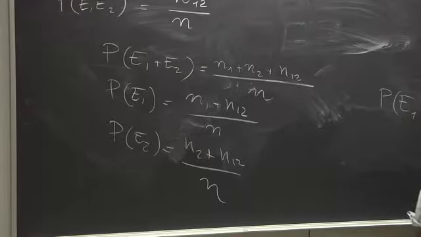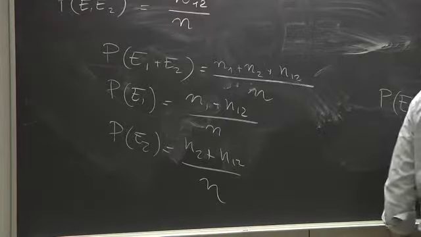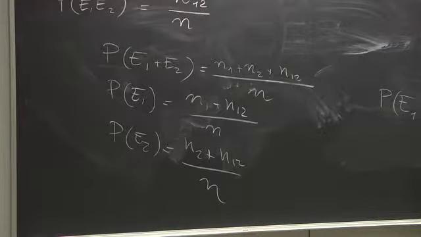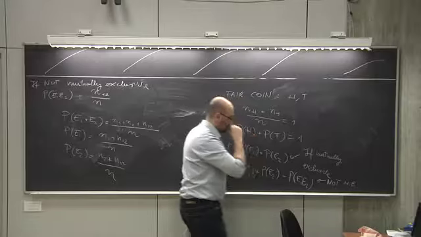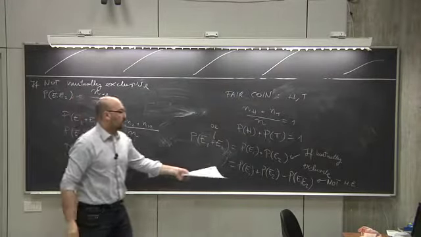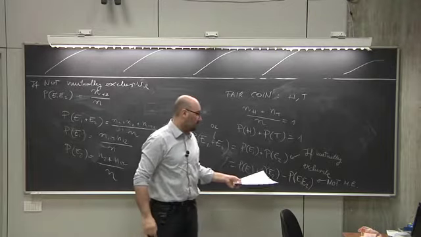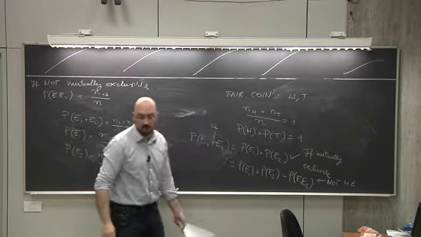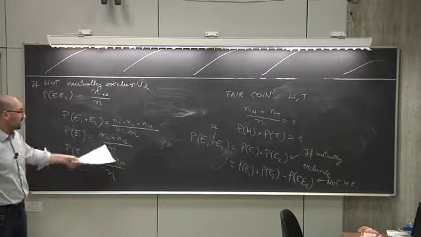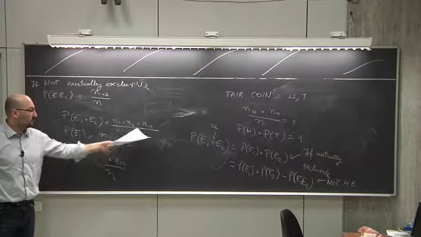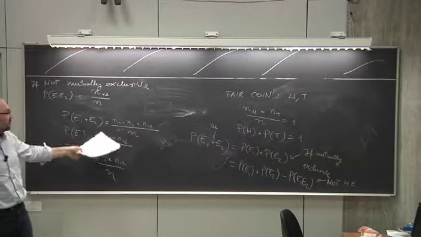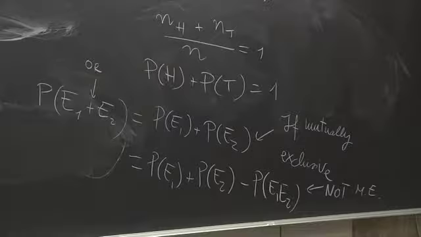You can check for yourself. It's quite easy. If they are not mutually exclusive, we have P of E1 plus P of E2 minus P of E1 and E2. Because if we sum these two together, we get a 2 in front of the joint term. Here we have only 1, so we have to subtract a term like this.